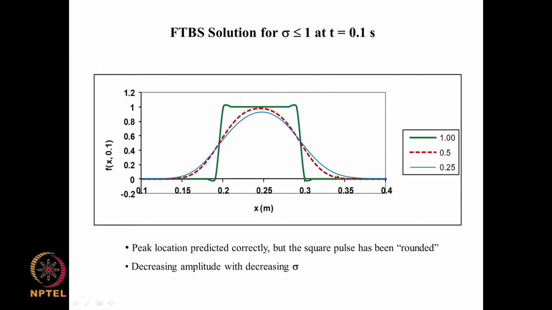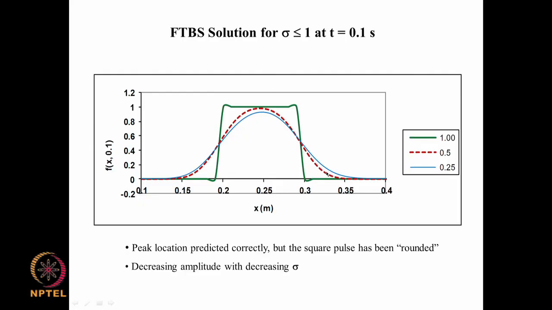If you make the time step even smaller, it should be more accurate, but we find that it is actually less accurate as compared to the better solutions here. We see that the peak value has decreased and it has spread more. So in that sense it seems counterintuitive to the arguments that we made earlier, that the smaller the delta t, the more accurate the solution.